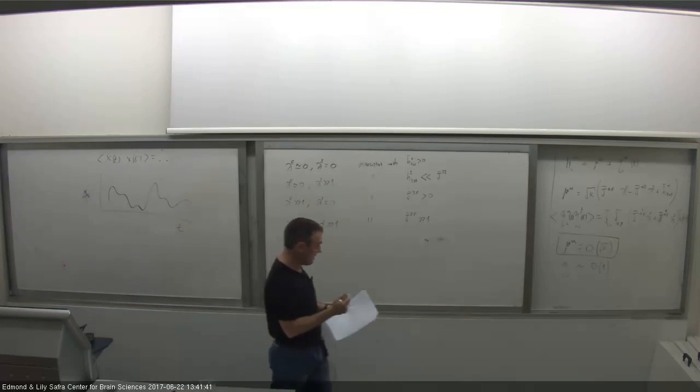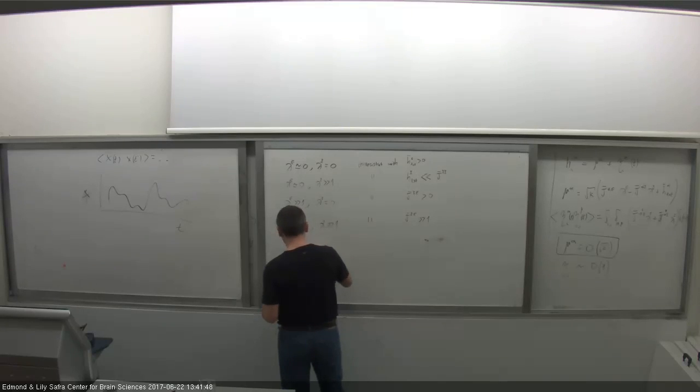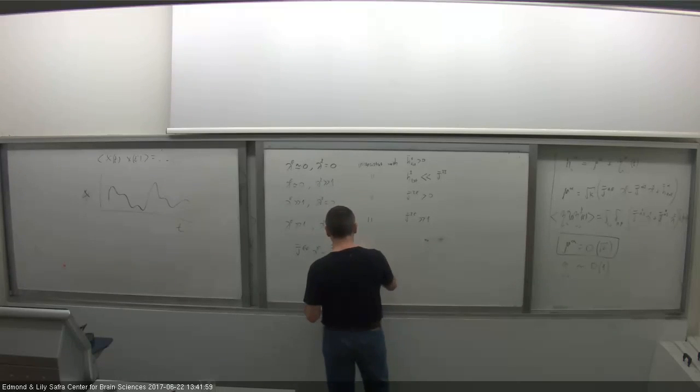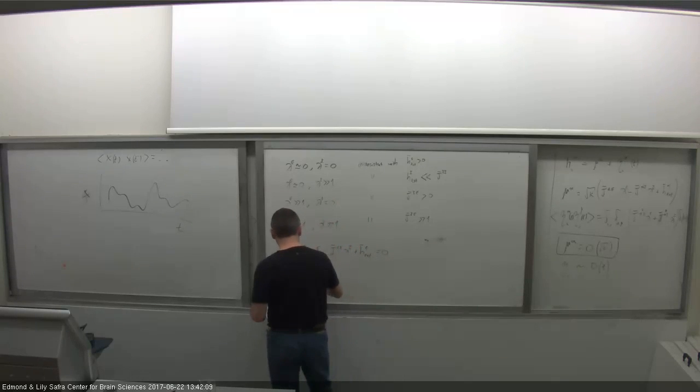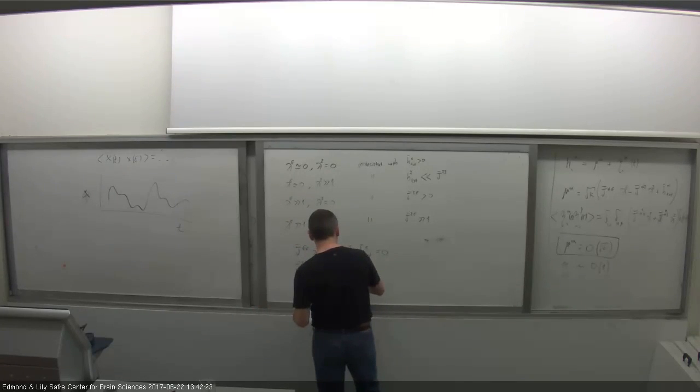And the only solution that emerges is a solution that satisfies these equations, namely J E E bar lambda E minus J I to E bar lambda I plus H bar E external is equal to 0, and we'll have another equation coming from the input to the inhibitory neurons, J E to I times lambda E minus J I lambda I plus H I external is equal to 0.